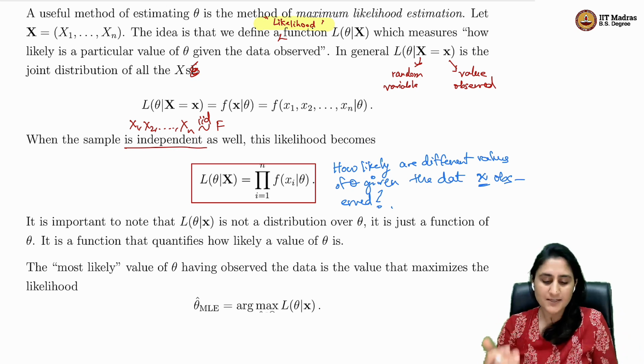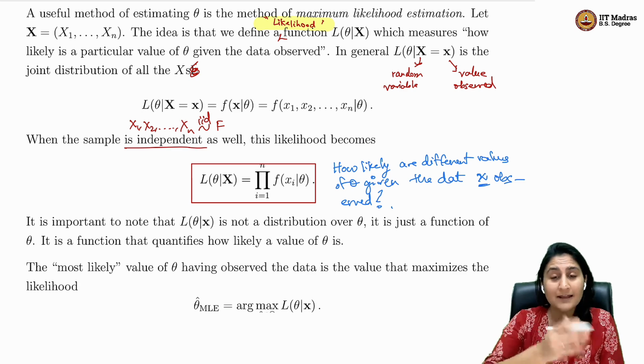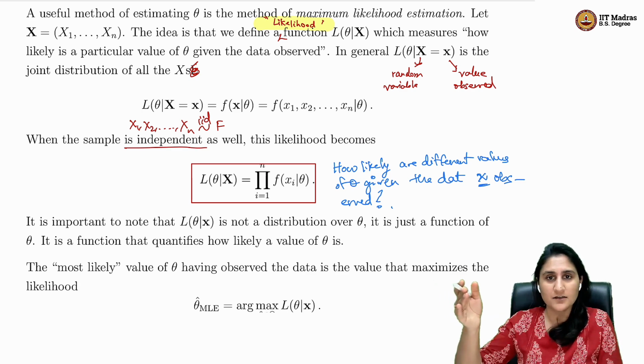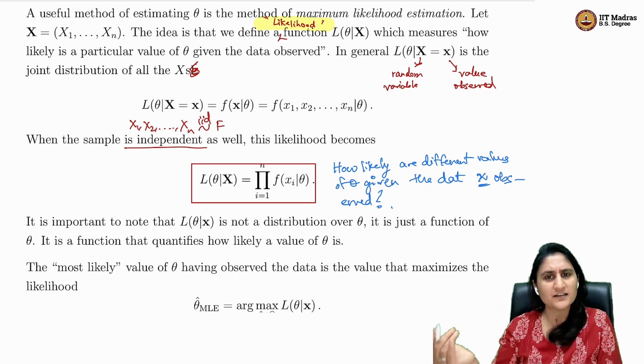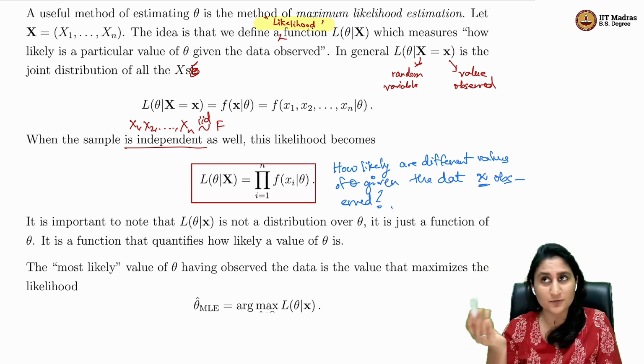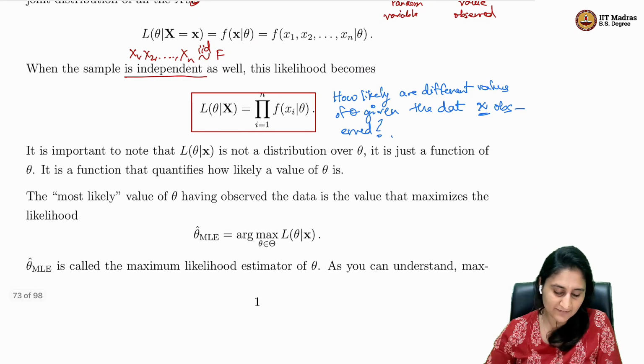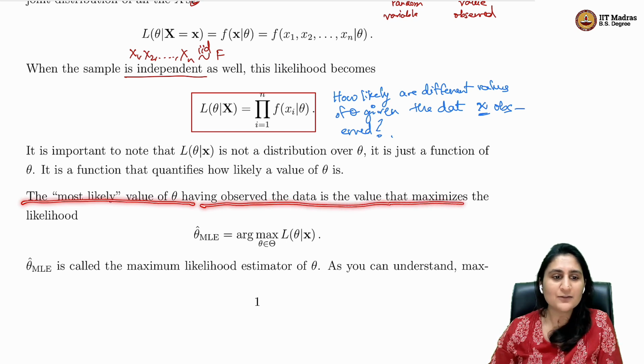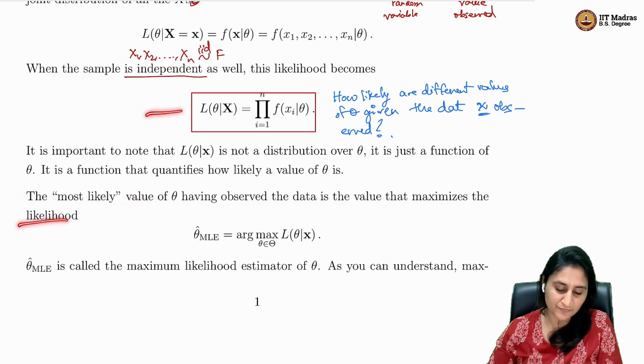If we have this function, then we have an understanding of how likely different values of theta are. So we can ask ourselves, what is the value of theta that gives me the largest likelihood? Which value of theta is most likely? That is the maximum likelihood estimator. The most likely value of theta, having observed the data, is the value that maximizes this likelihood function.